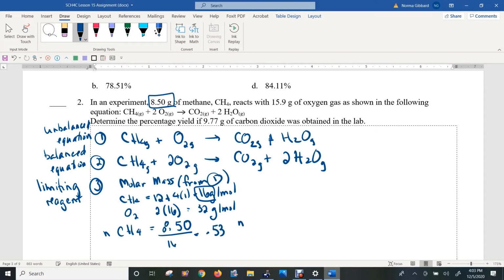Now, for O2, it is 15.9 divided by 32, which is 0.497. So from here, we see that oxygen is our limiting reagent.